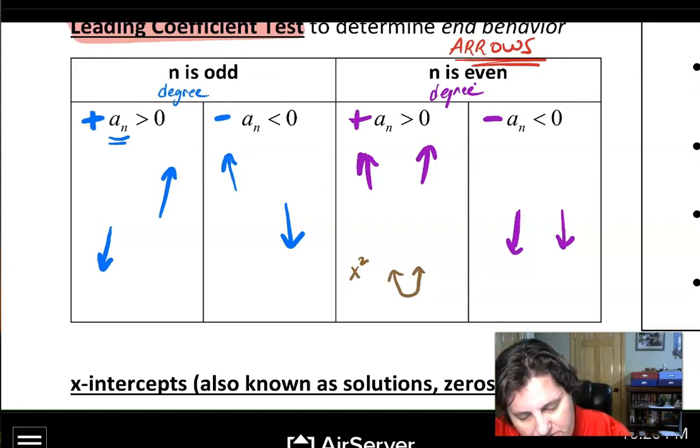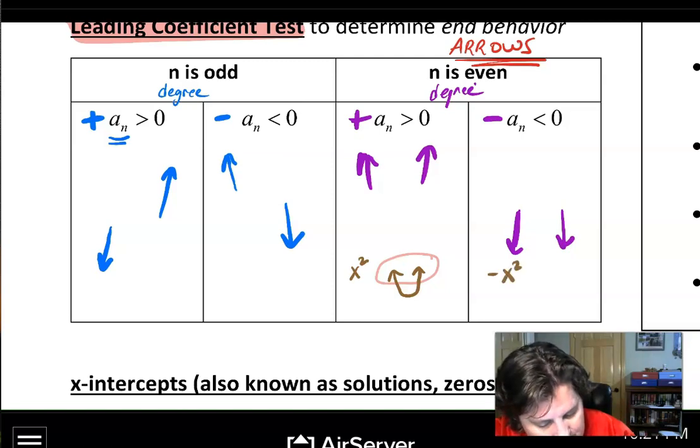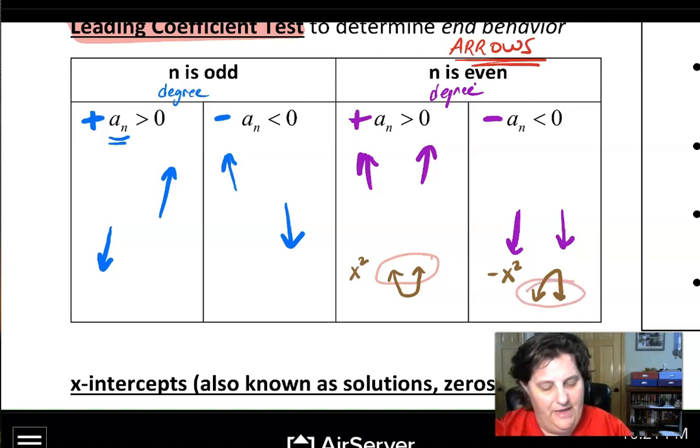Okay, my friends, check out my arrows right here. Up, up. And what happens when I have a negative parabola? We've been talking about that. It goes upside down. And what happens to my arrows right here? Down, down. They match. So I feel like that one is pretty easy because x squared, and then if it's x fourth, x sixth, x to the eighth, okay, the arrows are going to follow the same pattern.